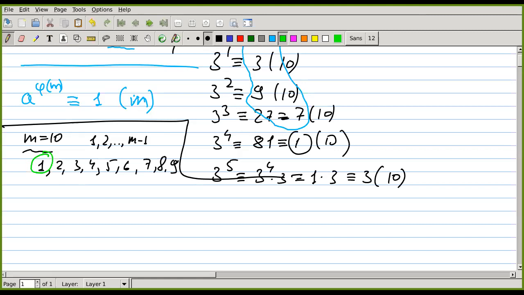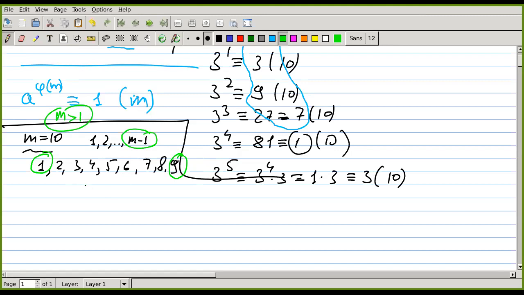What about 9? 9 is also co-prime with 10 because the difference is 1. And if they had some common prime divisor, then 1, the difference, would be divisible by this prime, which is not possible. So m and m minus 1 are, of course, always co-prime when m is greater than 1.